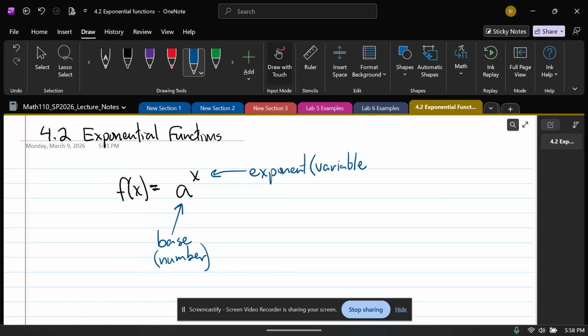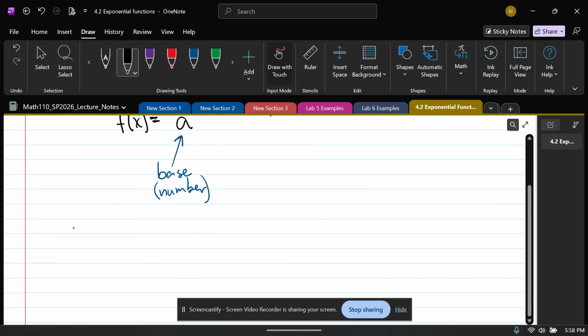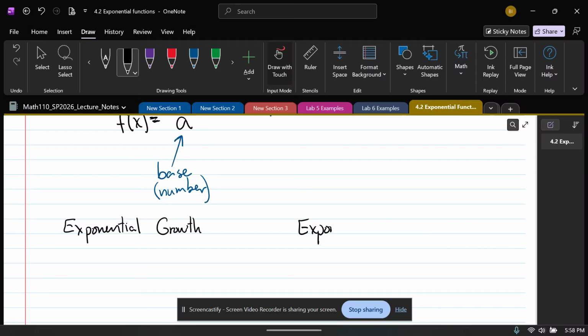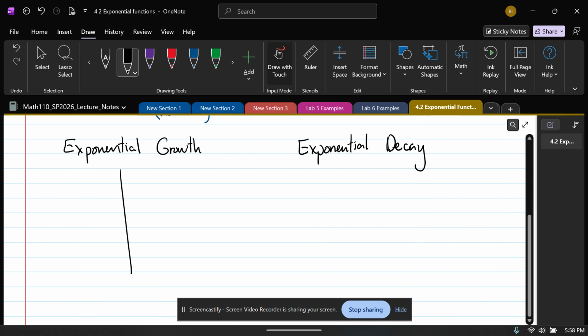All right, so with exponential functions, there are 2 types. You have exponential growth and you have exponential decay. Okay, so exponential growth, I'm going to sketch the graph real quick and then we'll write an equation that's exponential growth.